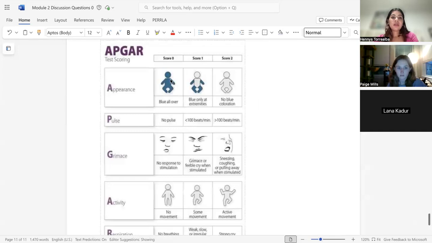So you can either get a score of 0, 1, or 2. So we have appearance. If it's all blue, then they get a 0 score. If it's only blue at the extremities, then they get a 1. And then if there's no blue coloration, then they get a 2. Then we have pulse: no pulse, under 100 beats per minute, and then more than 100 beats per minute.